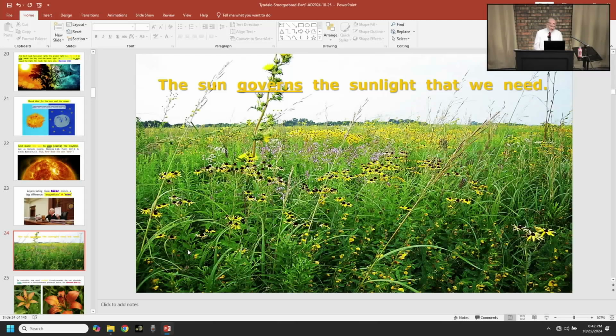And so if you're in Texas and it's 110 degrees, you have to deal with the heat that is coming from the sun. And you can't just say, oh, that's a suggestion that I choose not to go along with. No, it's going to be 110 degrees whether you like it or not. And that's because the sun has been given that role by God to rule that part of the earth. That is, certain conditions on earth, the sun rules.